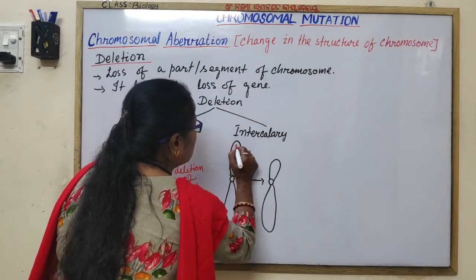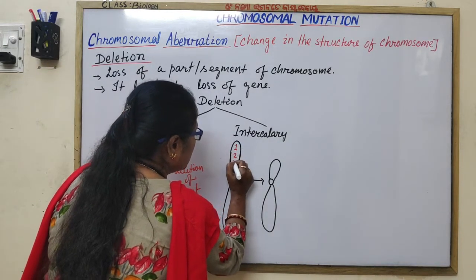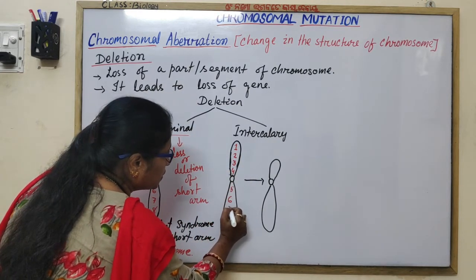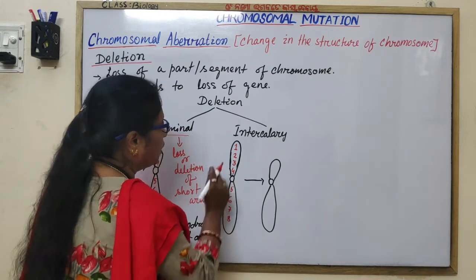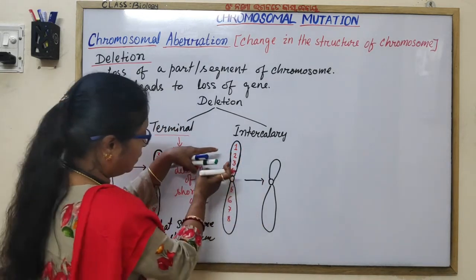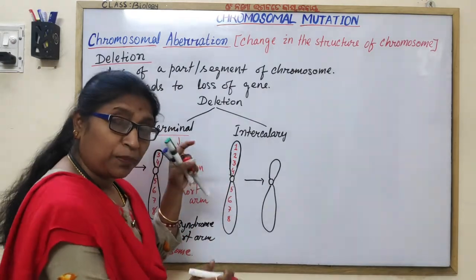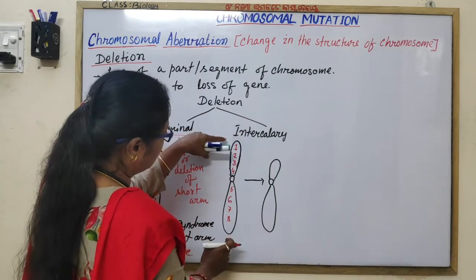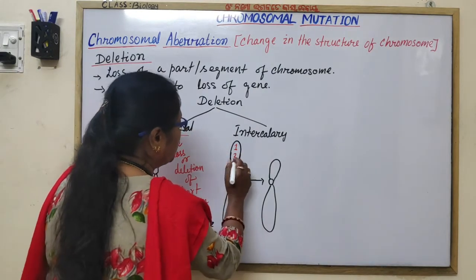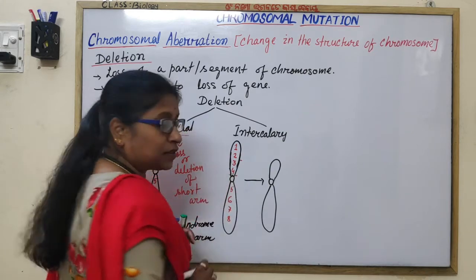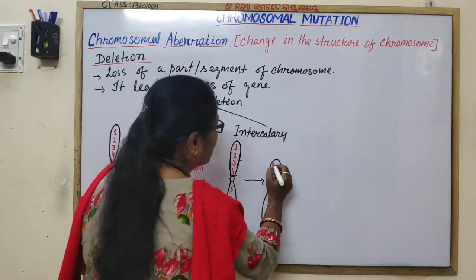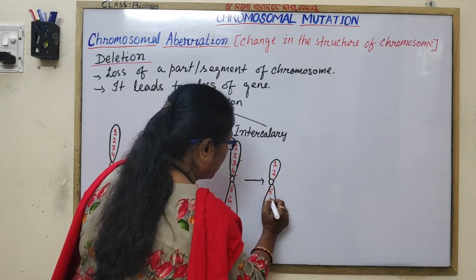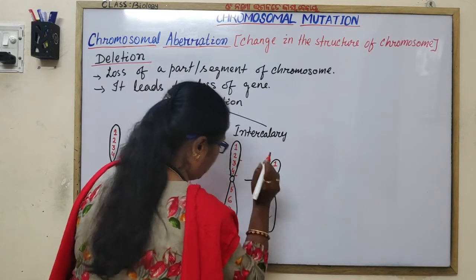Suppose here are the genes 1, 2, 3, 4, 5, 6, 7, 8. Then the portion segment in between the two ends. This is one end, this is another end. Suppose this much part segment is lost. So what is left out? 1, 2, here the 5, 6, 7, 8.